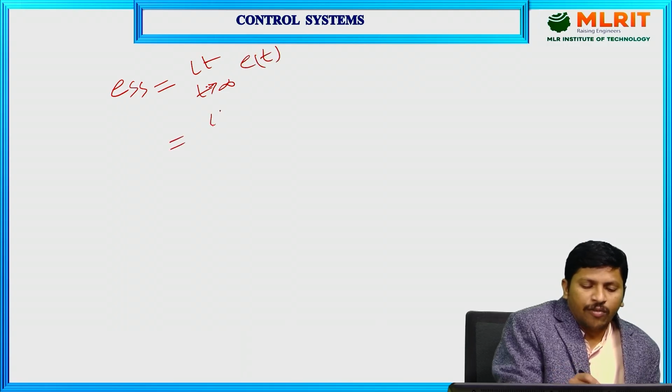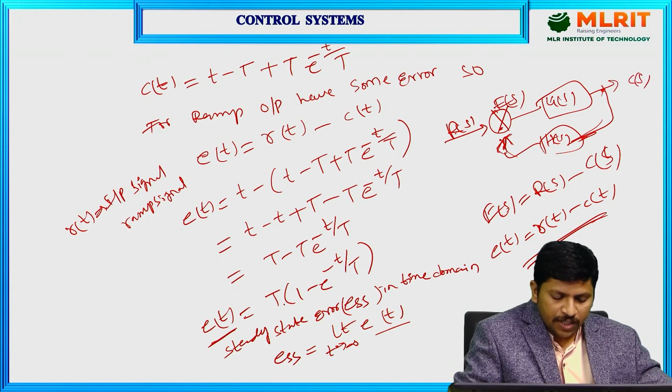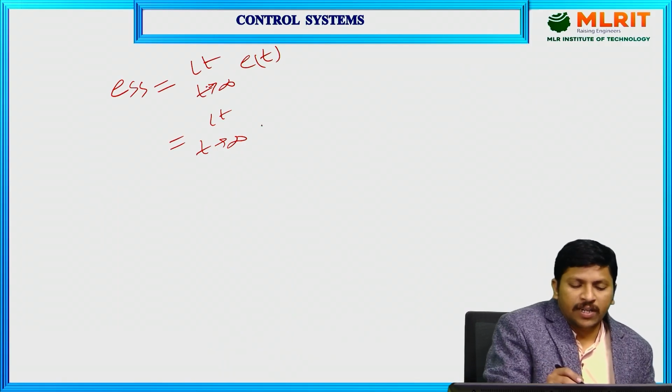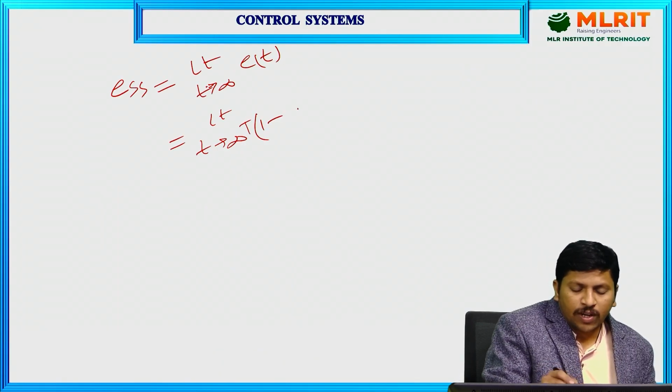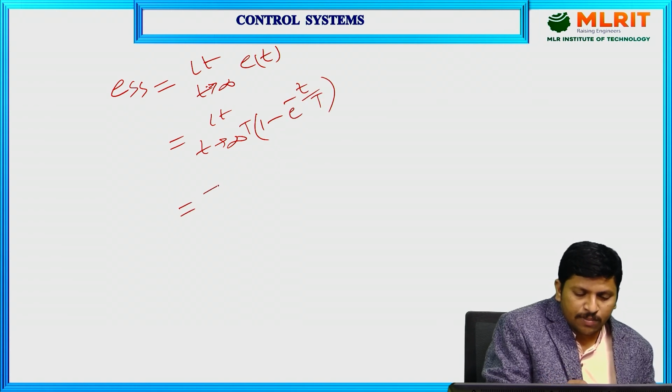We know E of t already. E of t equals t into 1 minus e power of minus t divided by t. Here t tends to infinity, so substitute: 1 minus e power of minus infinity by t.